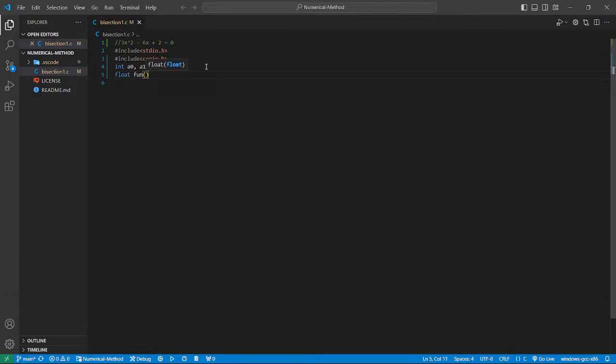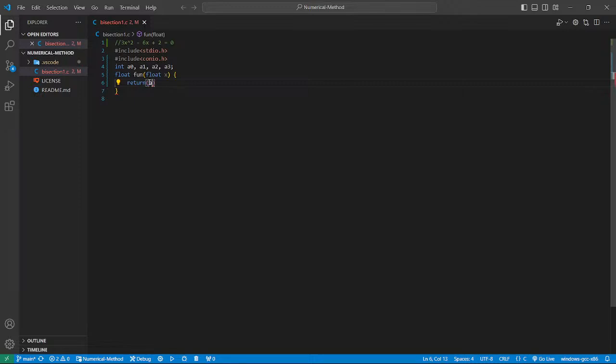There will be one dummy variable x. In this function there should be a return of the function. Our function is 3x square minus 6x plus 2. Let's not put 3x square directly here, so that we can pass the values afterwards at input.